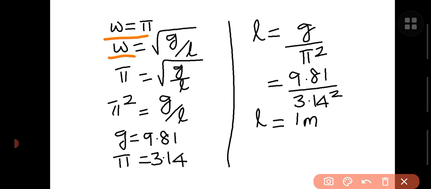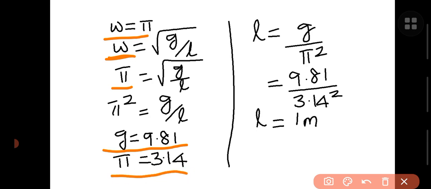Substituting the value of omega, that is pi, we get pi equal to square root of g by L. Squaring on both sides, we get pi square on the left hand side, and on the right hand side the square root is cancelled, so g by L. Here g is the acceleration due to gravity, which is 9.81.